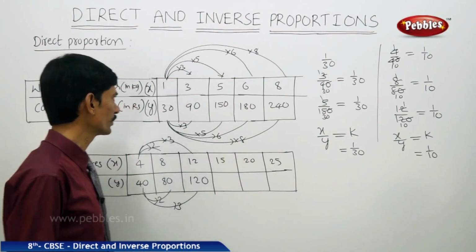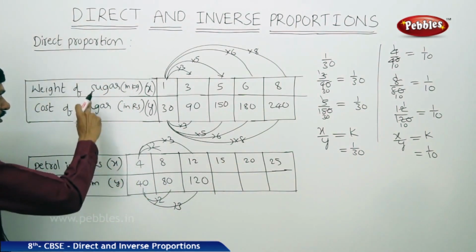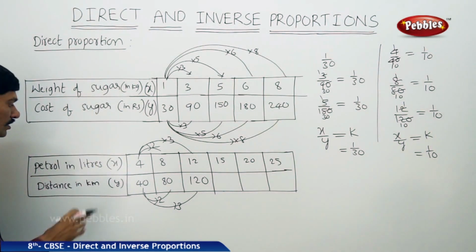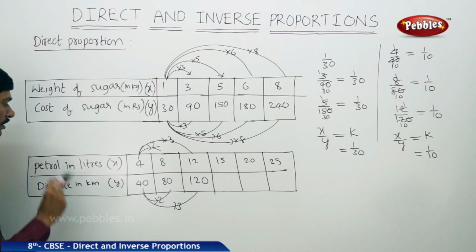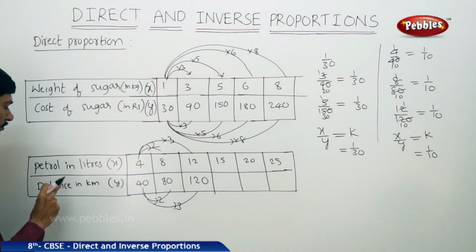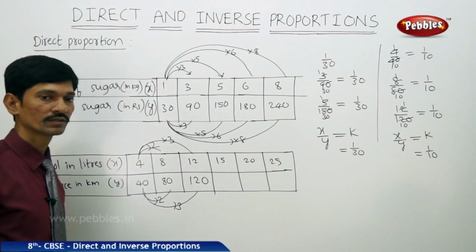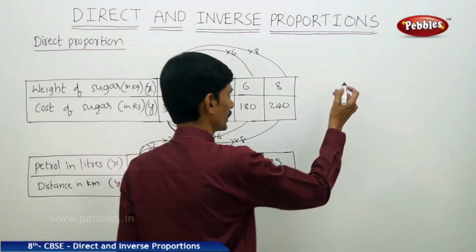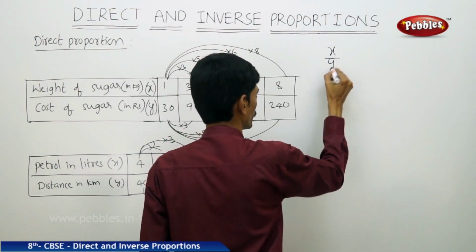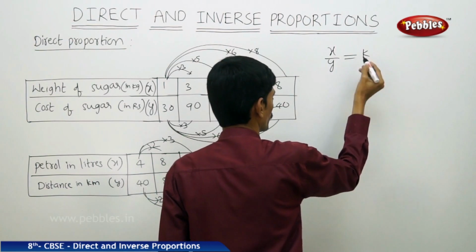So in these two examples, in the first example, the weight of sugar is directly proportional to the cost of sugar. In the second example, the petrol used by a vehicle is directly proportional to the distance covered. If the two quantities x and y are in direct proportion, then we write x by y equals k.